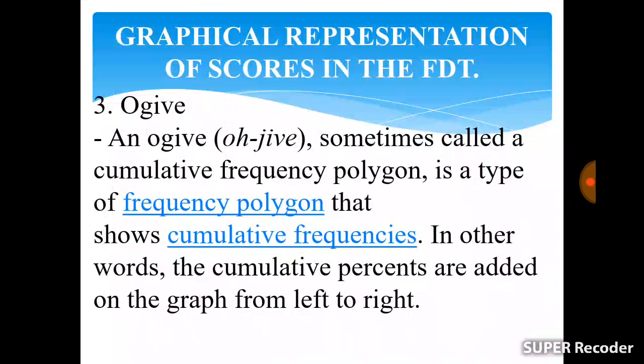Another graphical representation is the ogive. An ogive, sometimes called a cumulative frequency polygon, is a type of frequency polygon that shows cumulative frequencies. In other words, the cumulative percents are added on the graph from left to right.